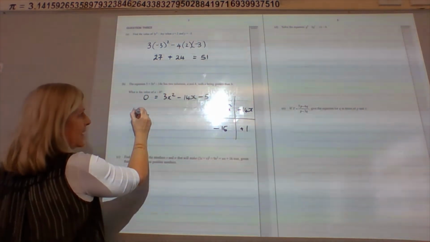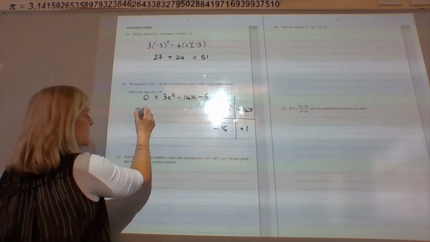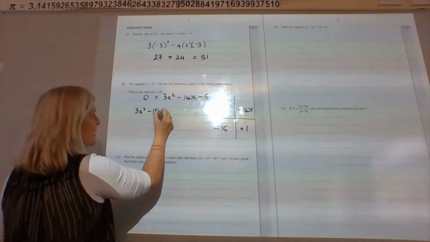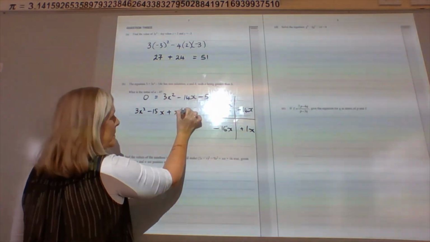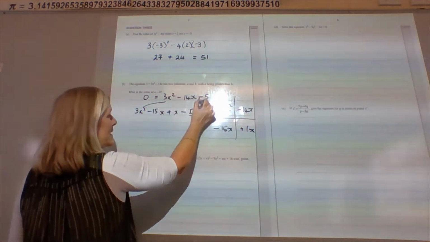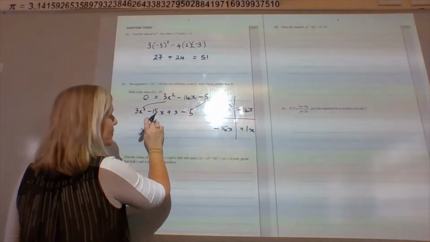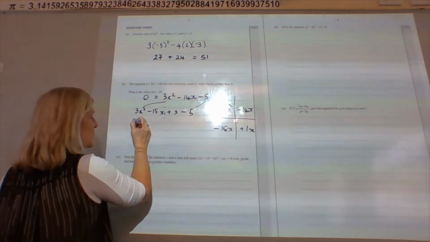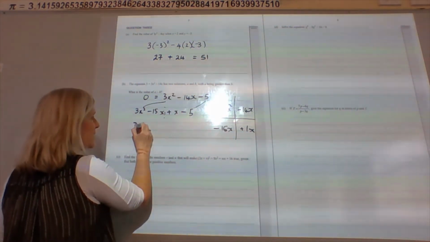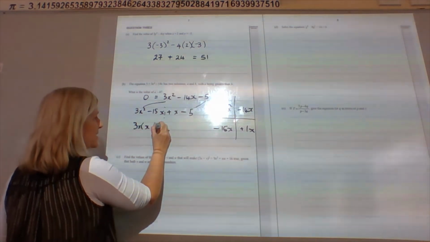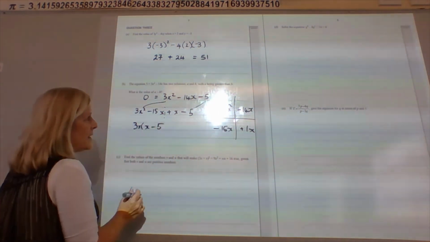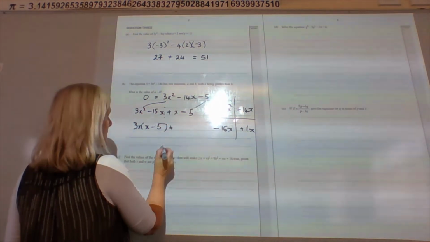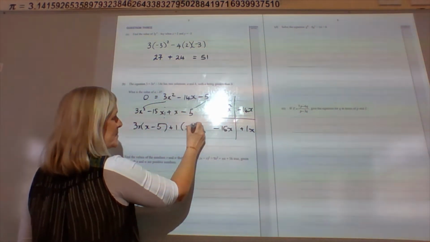So our brackets are 3x squared minus 15x, sorry, they should have x's, plus x minus 5. So that's gone there, these two have gone in the middle. Split in half and factorise, 3x bracket with an x minus 5, and 1 bracket x minus 5.